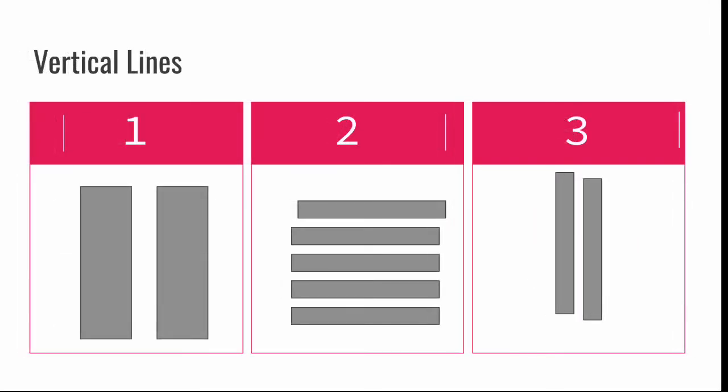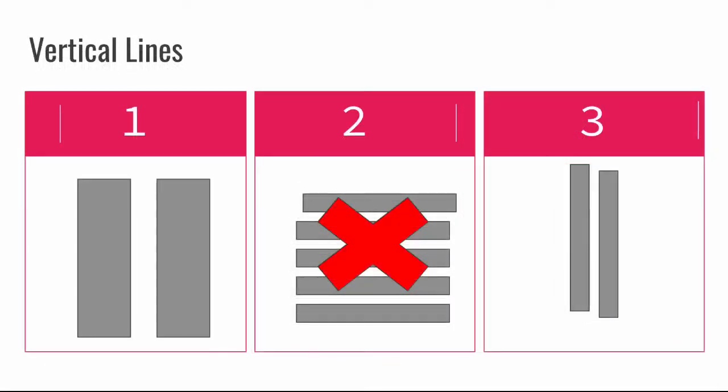Vertical lines. 2 of the spaces below have vertical lines. 1 does not. What number is above the fake? You chose space 2. You're right. Space 2 has horizontal lines.